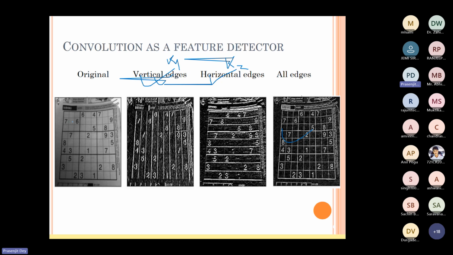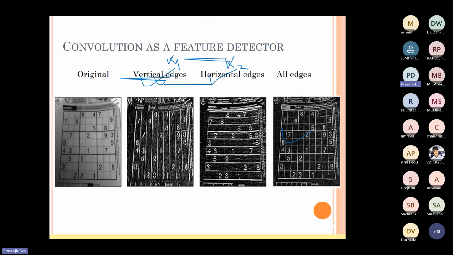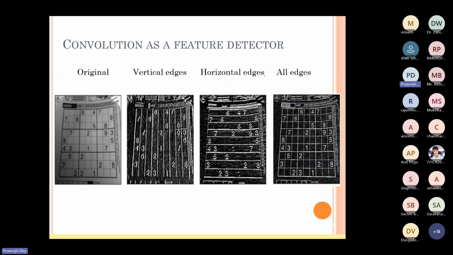So this is the image I fed into my model, and I have used the earlier two kernels, like this kernel and the transpose version of the kernel. I have used the two kernels in my convolution layer, and after that I add those outputs and come up with this image. This is the image which captured both the horizontal and vertical edges. So this is why the kernel is also called a feature detector.